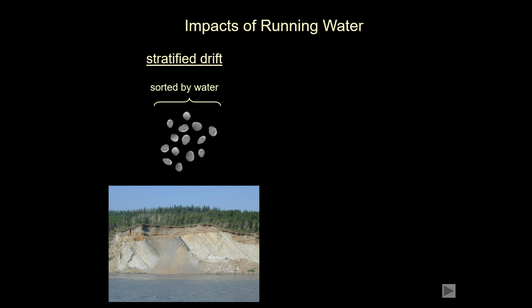Imagine that a long time ago a glacier carried all this stuff, and then rivers came along later and picked up the lighter, smaller stuff, transported that down valley, leaving behind the bigger stuff. So anytime you find material like in the picture here on the left, where the particle sizes are similar, it's likely that glacial drift was stratified by water to become stratified drift.